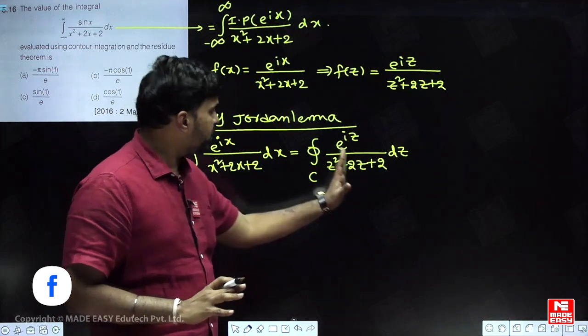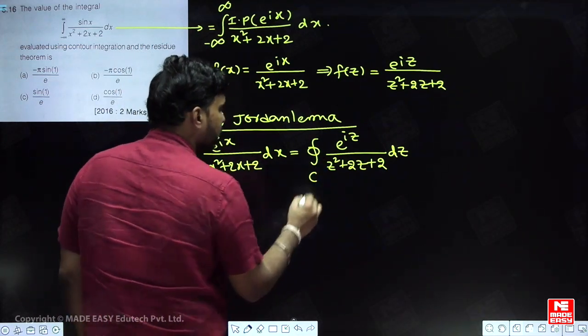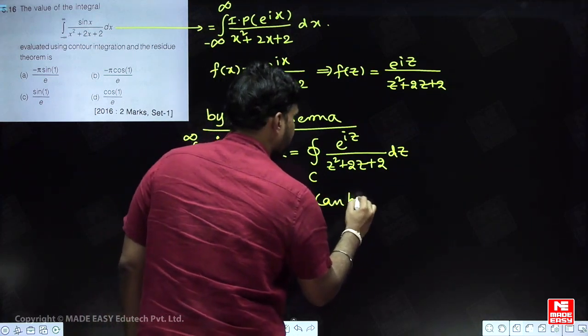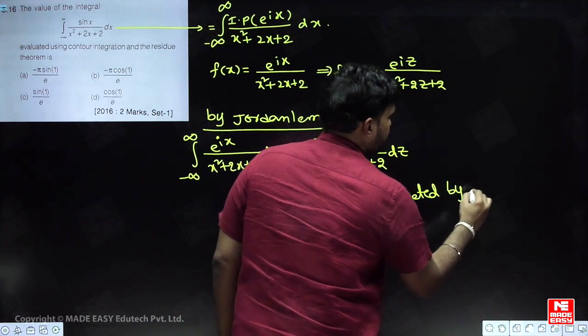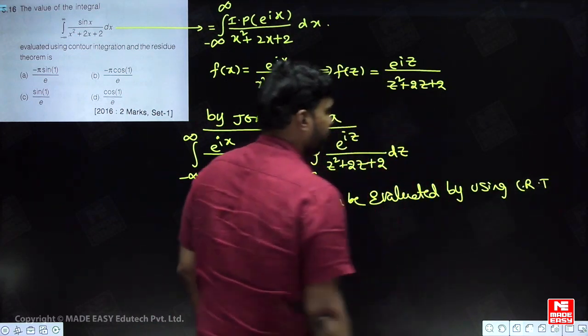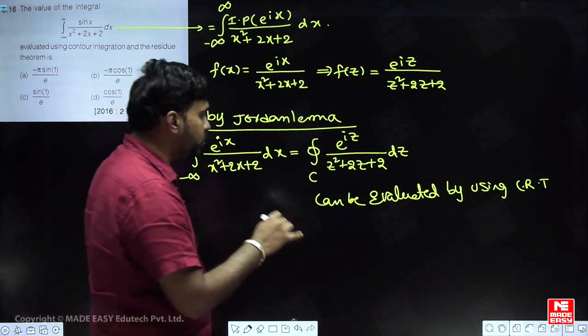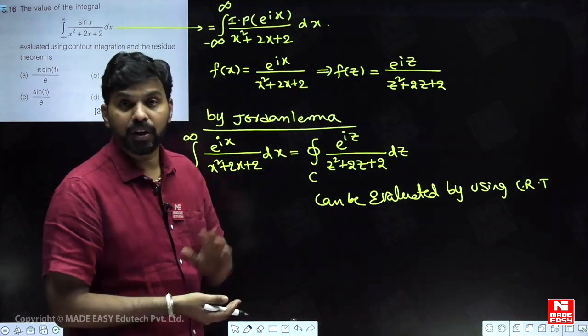So this integral is given by this integral. Now this can be evaluated by using CRT, which gives 2πi times the sum of the residues.